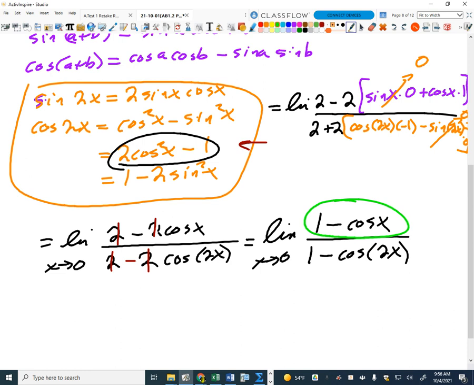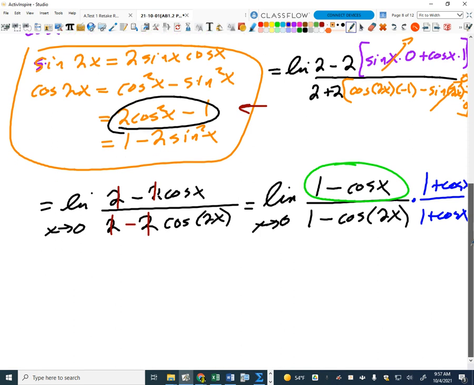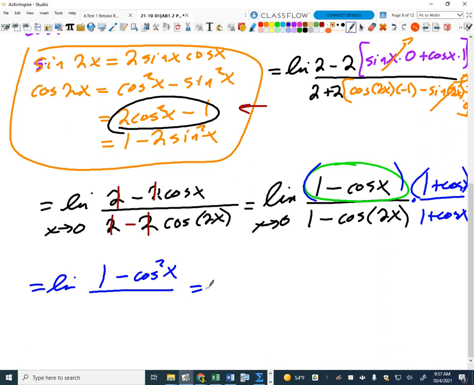So that's a great thing for us to do. We can multiply this top and bottom by 1 plus cosine x. When I multiply these conjugates on the top, I get 1 minus cosine squared x, which is equal to sine squared x.